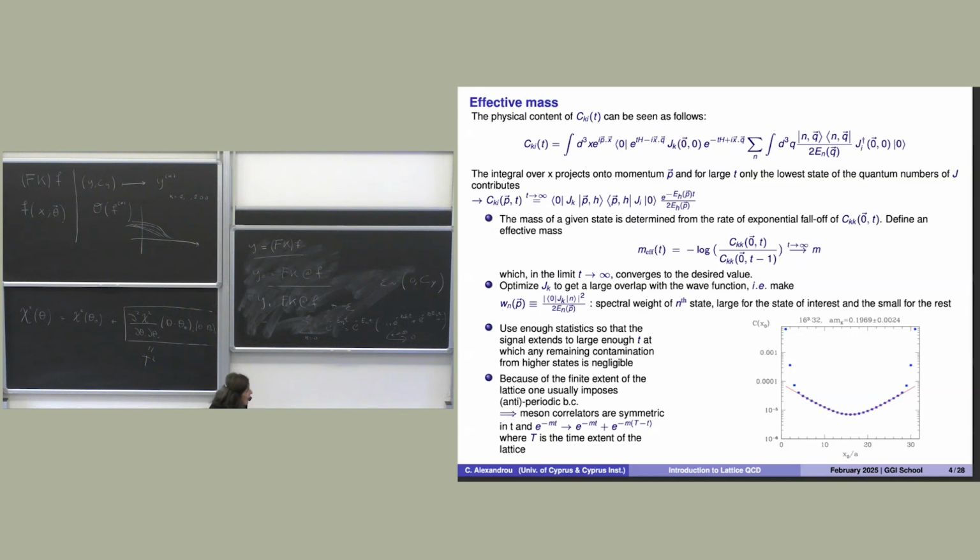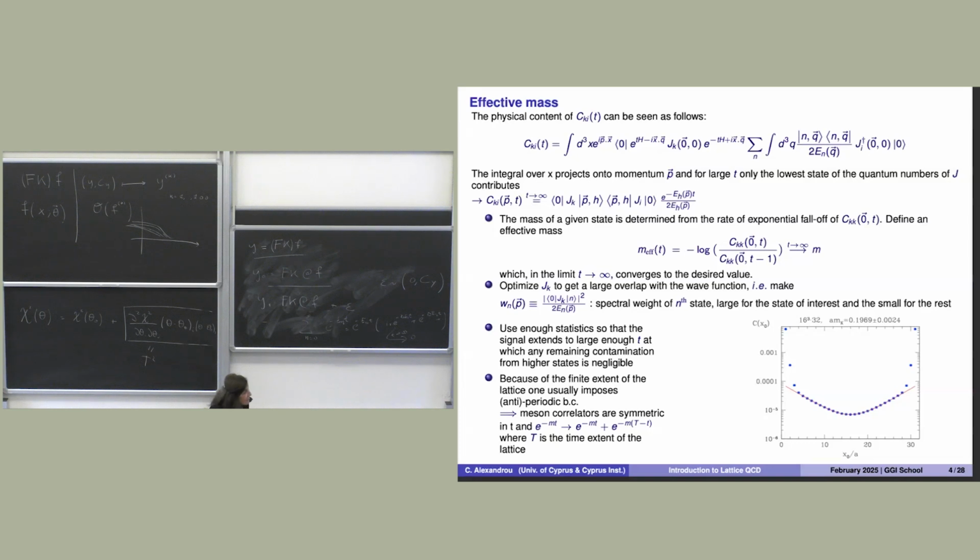If I take this ratio, dividing this exponential by the one at t minus 1, what will be left is e to the minus E. The time will cancel, so what is left is e to the minus the mass, without a t.